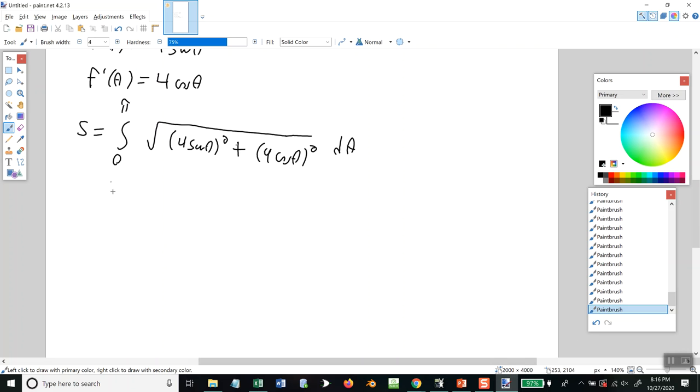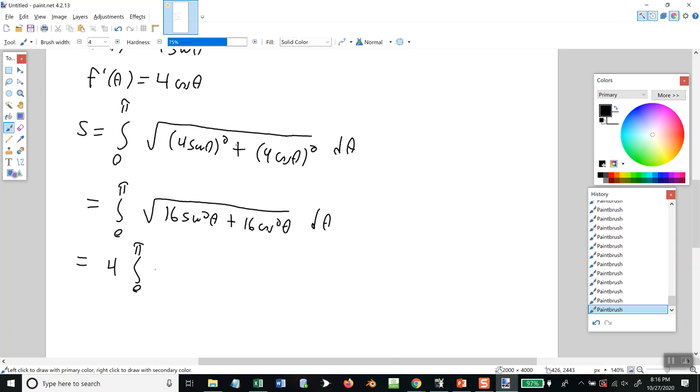Now I'll go ahead and finish this one since it's so easy. Square that gives me 16 sine squared plus 16 cosine squared, d theta. I can factor a 16 out, and that gives me a 4 out of the radical, so I can put a 4 out in front.